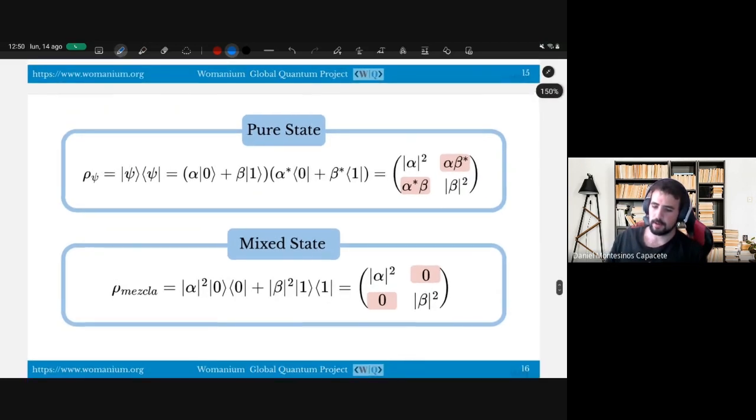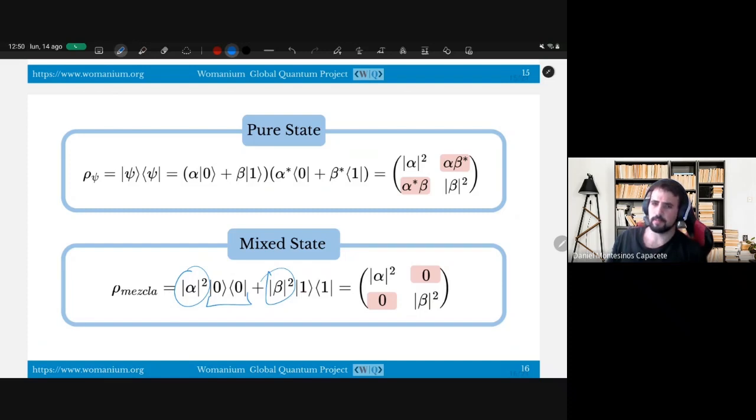And a mixed state, for example, has this probability of being in the zero state or this probability of being in the one state. It will be this matrix here.